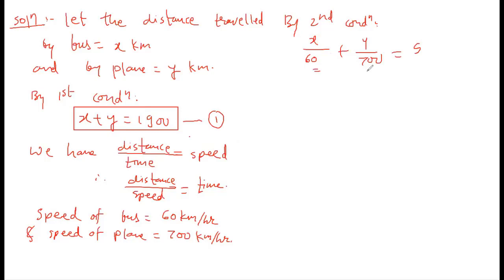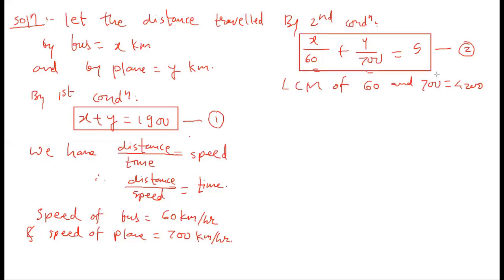Now you can see the LCM of 60 and 700 equals 4200. So multiply by 4200 both sides in this equation 2. Multiplying by 4200 you will get x upon 60 multiply 4200 plus y upon 700 multiply 4200 equals 5 multiply 4200.